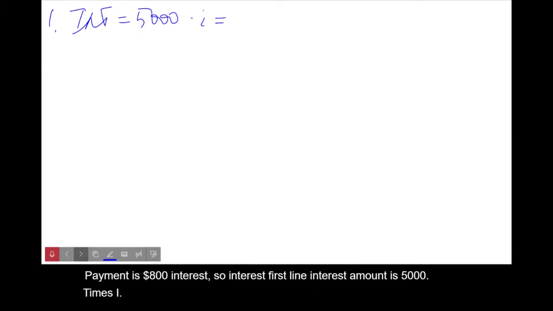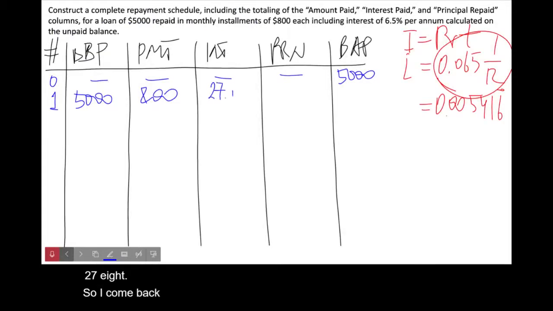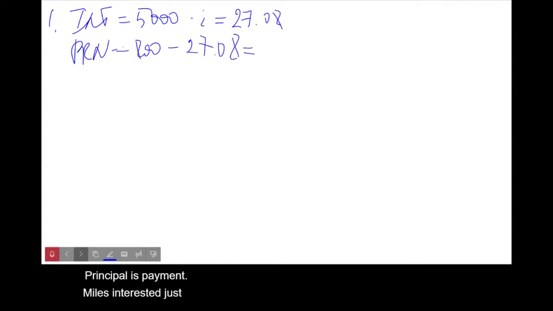So 5,000 times I is 27.08. Principal is payment minus interest. I just calculate basically what's happening. I'm paying my interest amount.